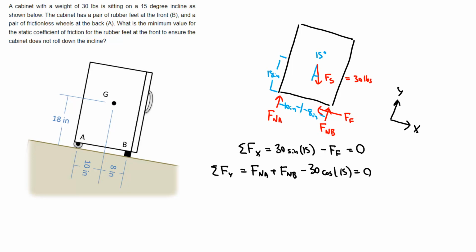And then finally, I'm going to have the sum of moments. I'm going to take the moments about point A. For that, I'm going to have the x and y components of the gravity force, and then FNB is also going to exert a moment. FNB is simple: that's simply FNB times 18.